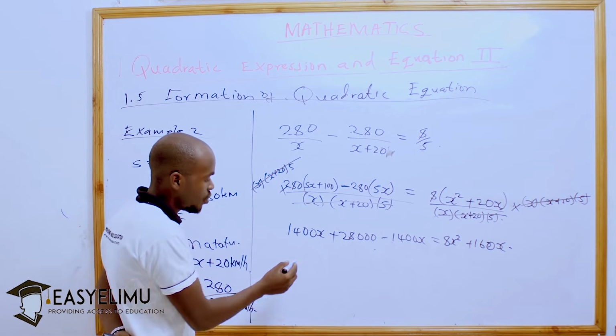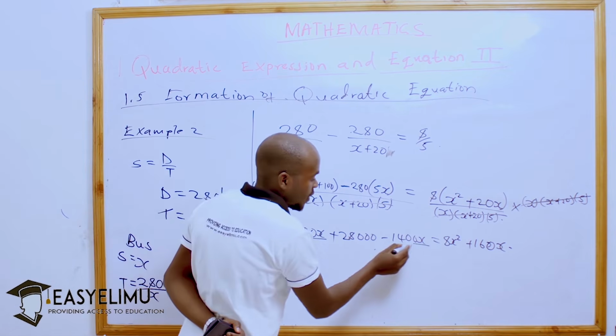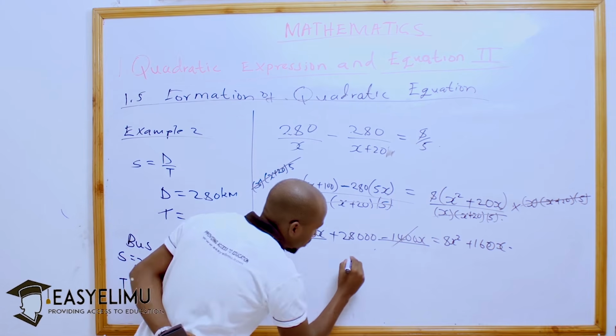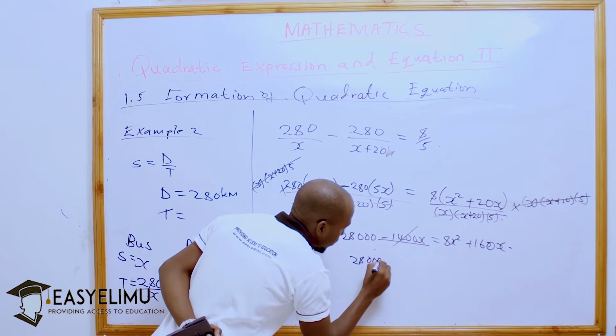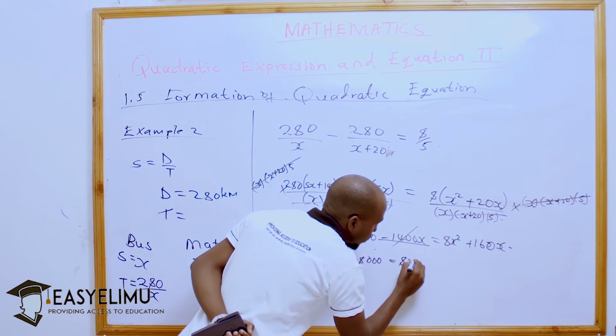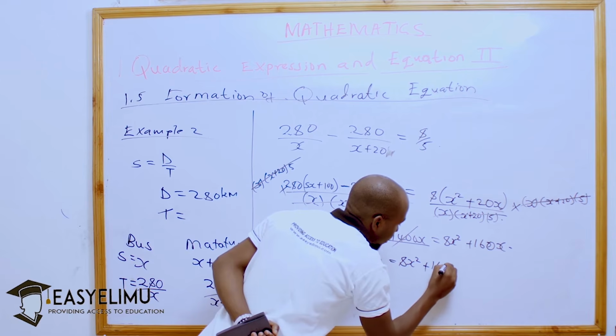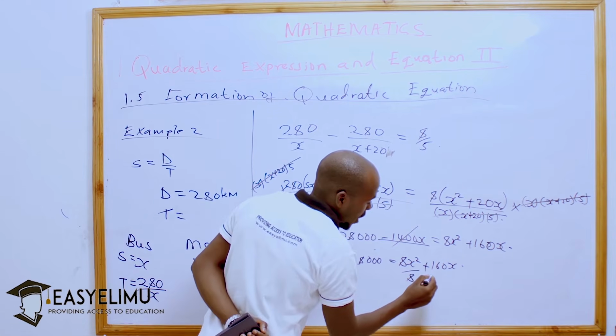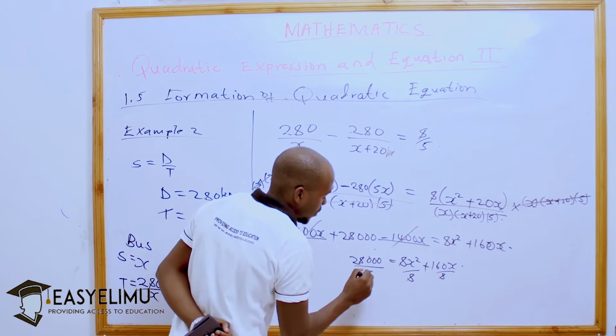And if we do that way, you will find this one is positive, this one is negative, meaning it will cancel each other. And we are going to remain with 28,000 is equal to 8x squared plus 160x. Now 8 is common in both of them, so we divide by 8, both sides.